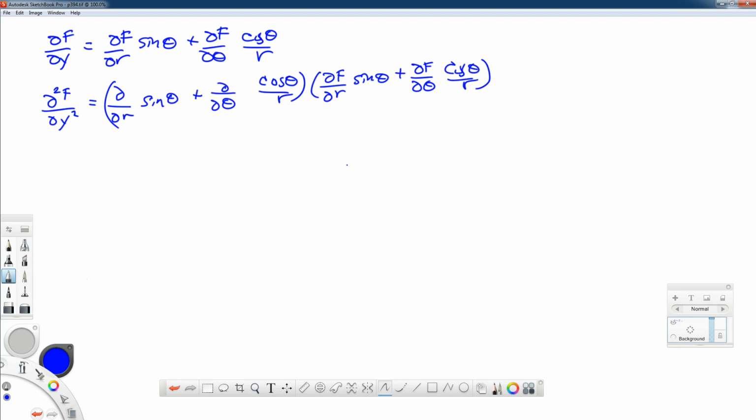There are a lot of terms here and I want to make sure I include them all. We're going to have a term that looks like the second partial of f with respect to r twice, and we're going to have a sine squared theta. We're going to have a sine theta times the second partial of f with respect to r and theta, times cosine theta over r.